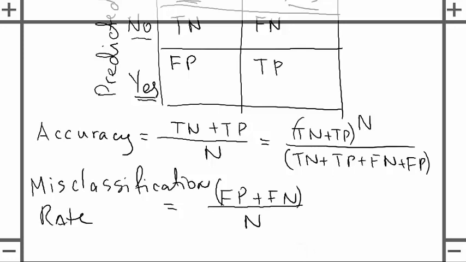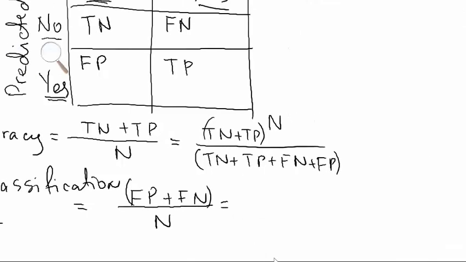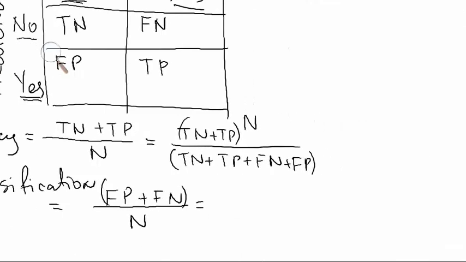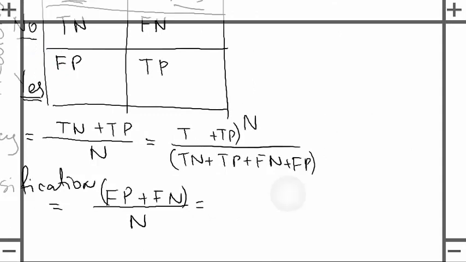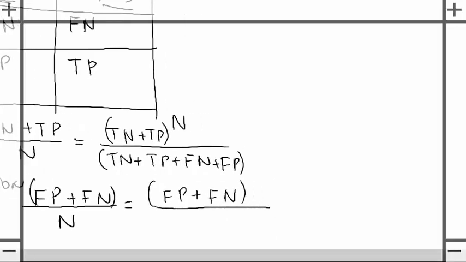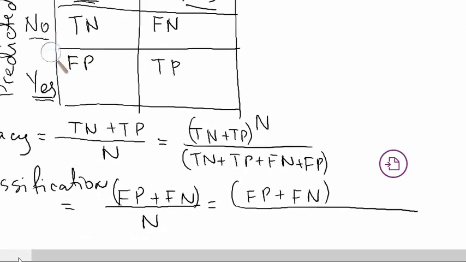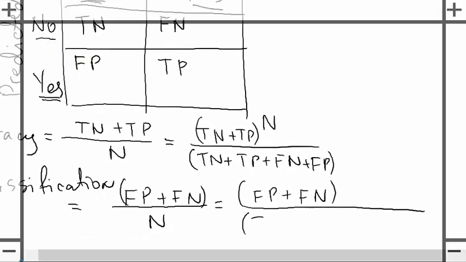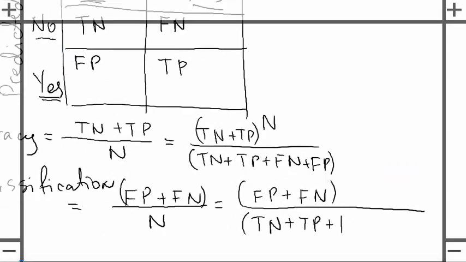And divided by N. Or, again, if I write it down as a formula, it's going to be false positives plus false negatives divided by true negatives plus true positives plus false negatives plus false positives, okay? Now let me ask you this question.